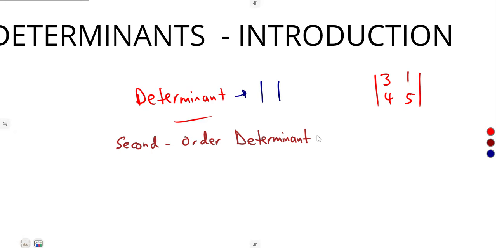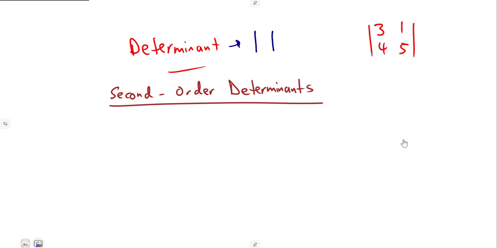So the question is, how do we determine the determinants of a 2 by 2 matrix? That is the question. How can we determine the determinant of a 2 by 2 matrix, or the matrix of order 2 by 2?